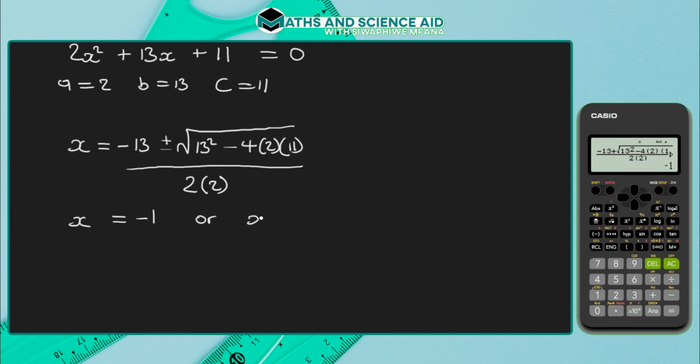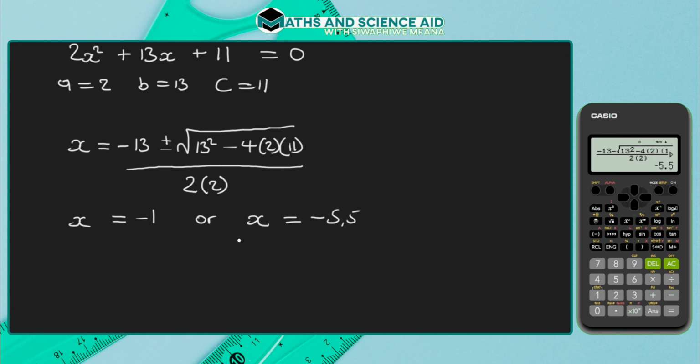And then we can work out the second value of x. So you just go to your calculator and then you change that positive into minus. And so this is negative 11 over 2, which is equal to negative 5.5. Okay, and now we have got our x values.